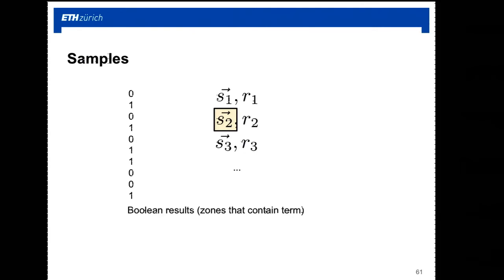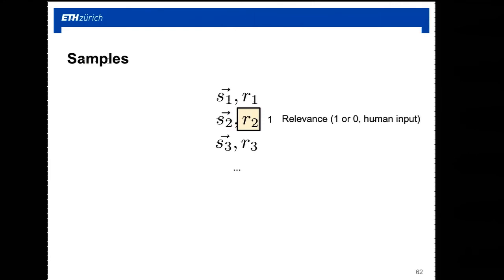So again, one single entry in the data set, the vector S, is a vector of Booleans that tells you which zones contain the term, any hypothetical term. And on the right, associated with these Boolean results, I have a 1 if it's relevant or 0 if it's not. And that was done by humans. Maybe you hired a few people and gave them all of these queries, and you asked them, please flag each one of these, yes, it is relevant or no, it is not relevant. And you did that for plenty of combinations of terms and documents.